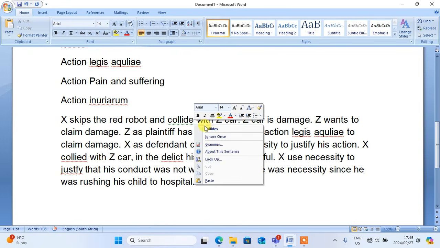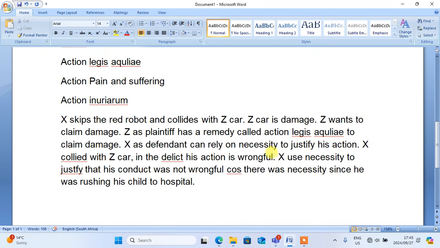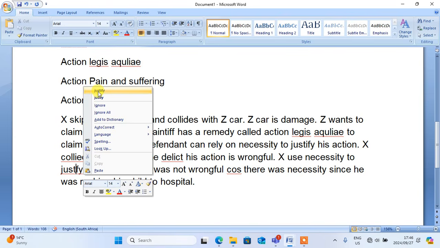Z as a plaintiff is the one that will use the actio legis Aquiliae to claim damages. The only thing that you must know is that when there's this type of damage, I must use this remedy. For example, in here, when there's car damage, because it's a patrimonial loss, you use the legis Aquiliae. Now, let me give you another example, right?